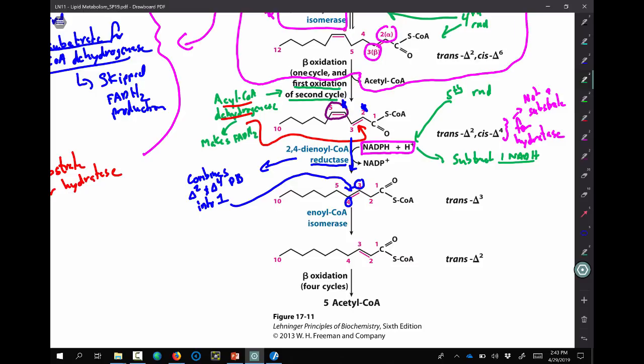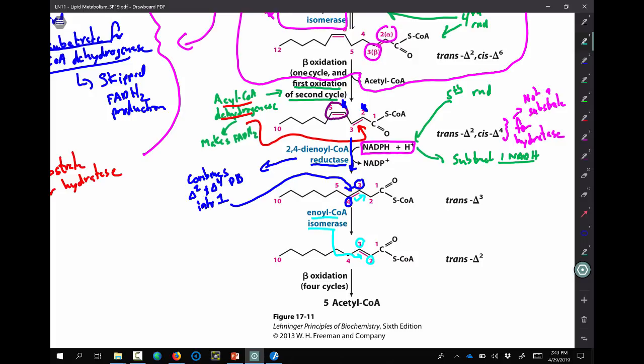Now there's an isomerization reaction after that. Isomerization just simply moves things. Enoyl-CoA isomerase is just going to move that double bond from 3 to 4 to 2 to 3. So it just moves it to here. That is a substrate for the hydratase. It will hydrate, it will dehydrogenate, it will cleave, and then it will go on for the rest of them.